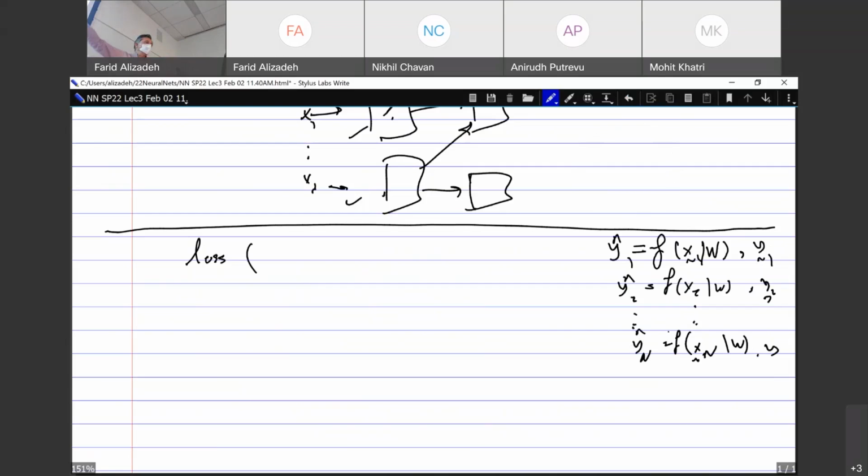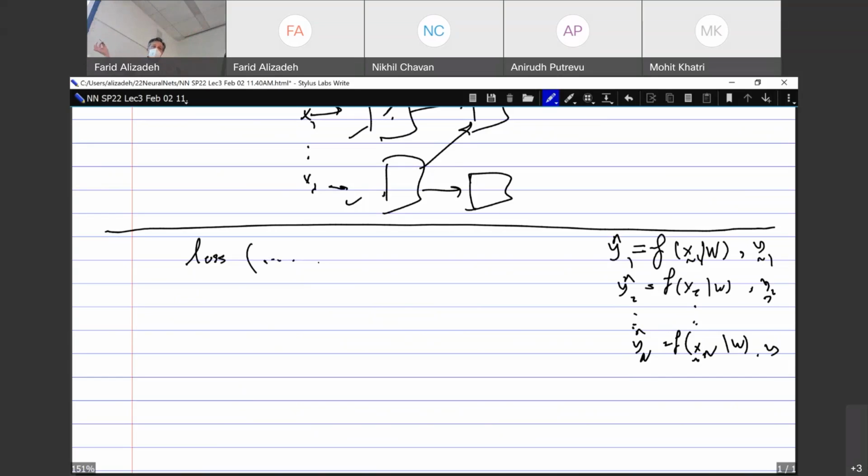And the loss function is some kind of a penalty saying how different the Y hats are from the Y's. If you look at this, you will have some formula that involves a bunch of constants. Those are the data. The data are Y1 through Yn and X1 through Xn.